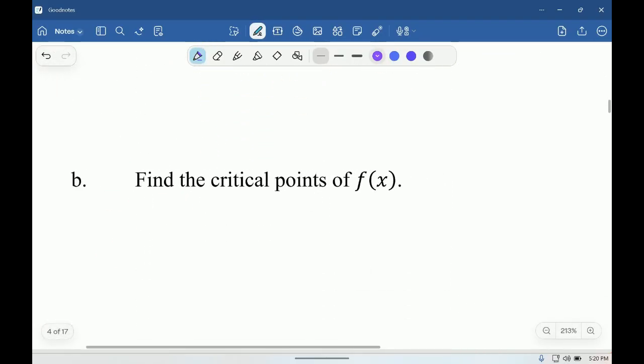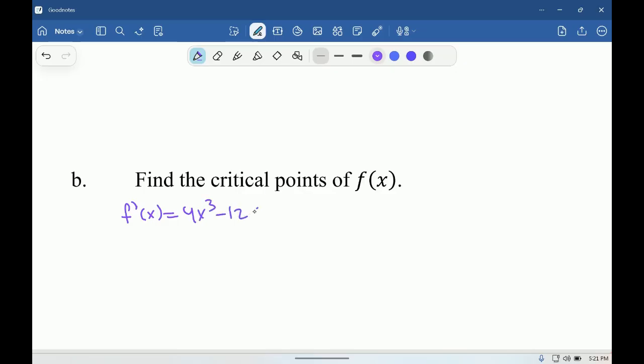Now we're going to need to find our critical points. We're going to use our f prime, or first derivative, for this. 4x cubed minus 12x plus 8. And we're going to want to factor out the 4. (x plus 2)(x minus 1).